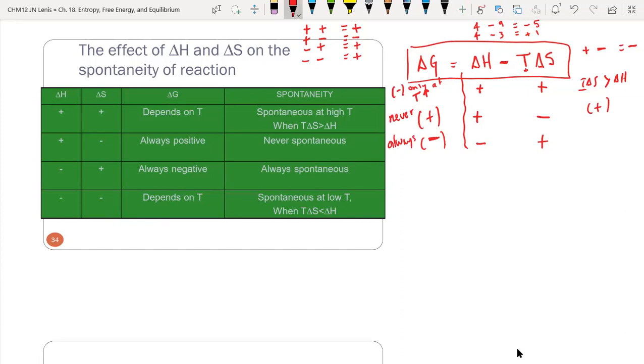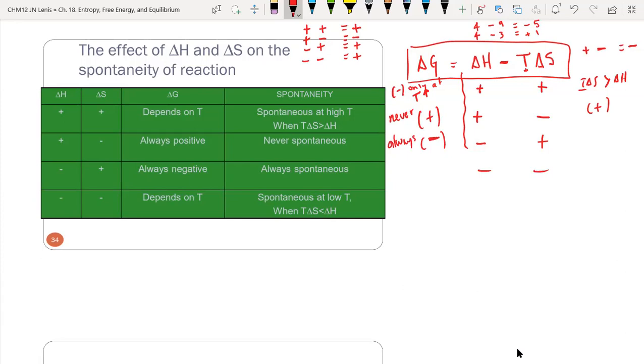What about the next case? When we have negative and negative. Nature loves this exothermic reaction. Nature doesn't like this much, because that negative delta S means more organized. So nature doesn't like that. Now, what about the combination of signs?